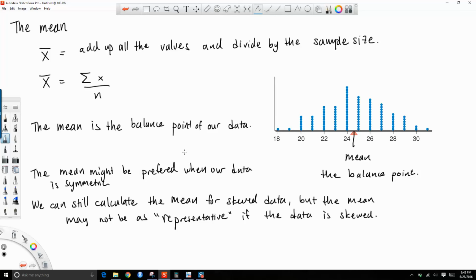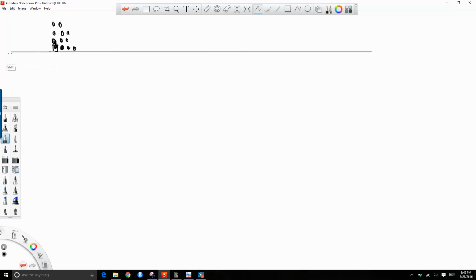Okay, but so you can imagine, because the mean is the balance point of our data, let's say you have something where you've got a bunch of values. So I'm going to just draw a bunch of dots over here. So if this were our seesaw, or if this was our entire data set, we would just put the mean somewhere like right here, okay?